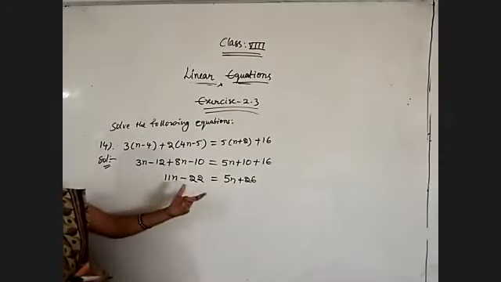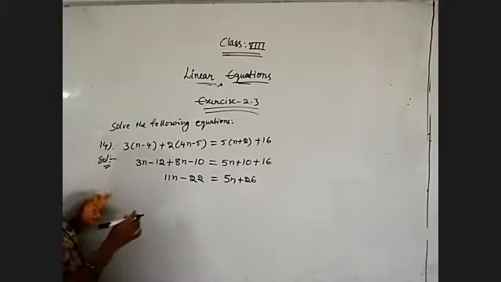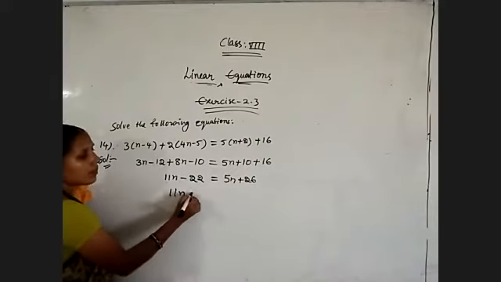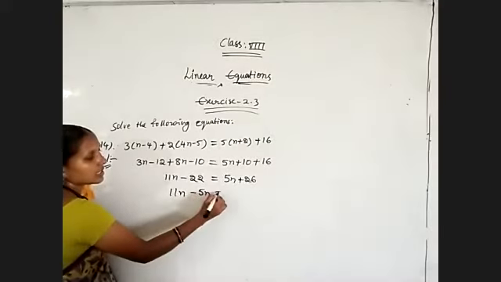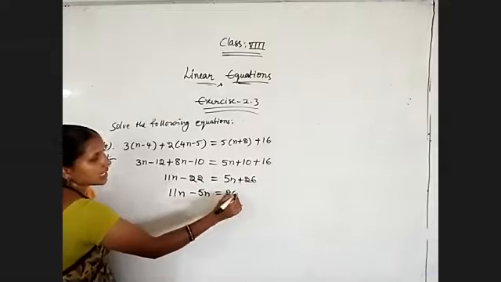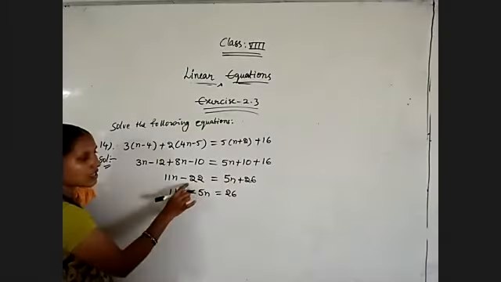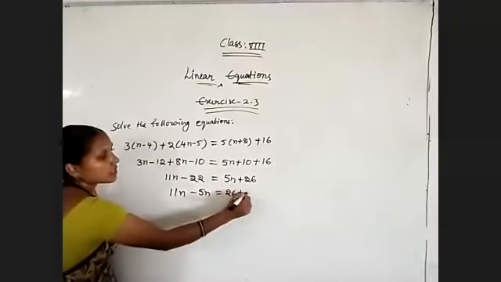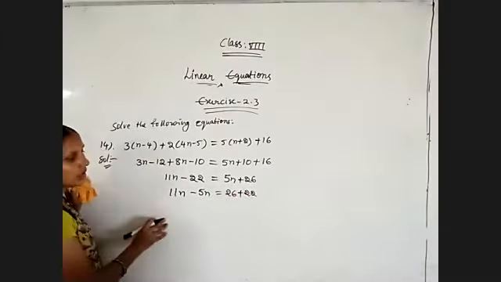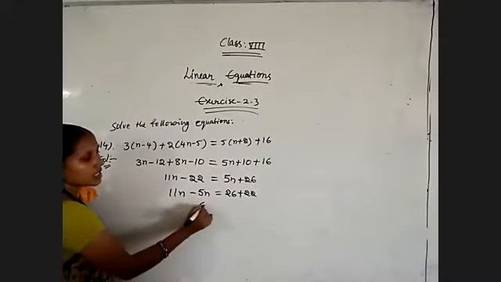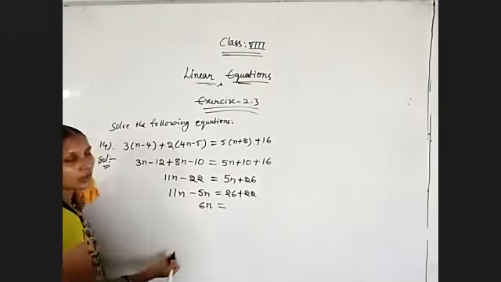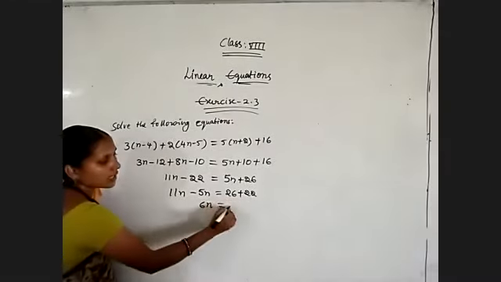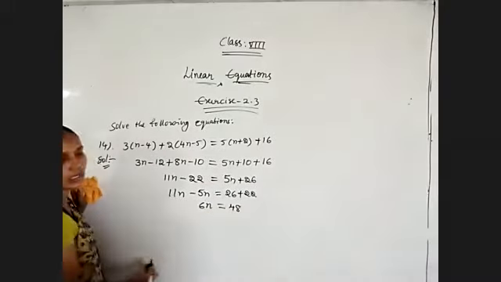Now, as I told you, bring n terms this side. 11n minus 5n is equal to 26 is at right side, minus 22 by bringing this side plus 22. So 11 minus 5, 6n is equal to 26 plus 22, 48.